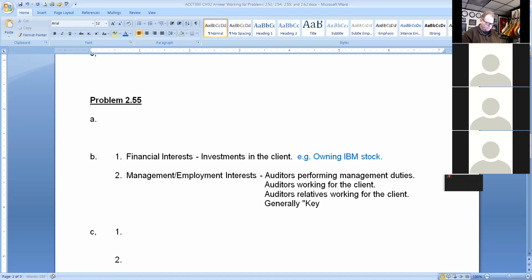If somebody is not in a key position, it's not gonna make any difference. There's nothing that somebody on the loading dock can do to change the financial statements. So you're really looking at key positions, especially for the relatives that are working there.